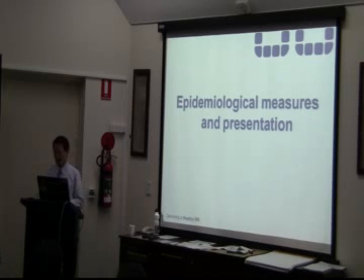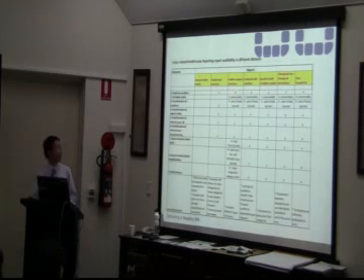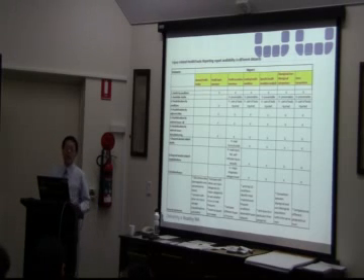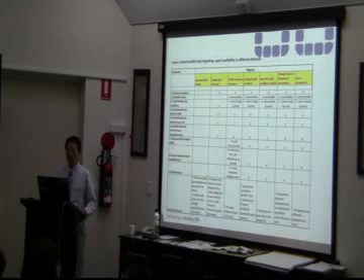Now I want to show you the availability of those reports in the health track reporting tool, what measures can be derived, and how we can interpret them. Here I put together all the injury-related reports available from the tool.